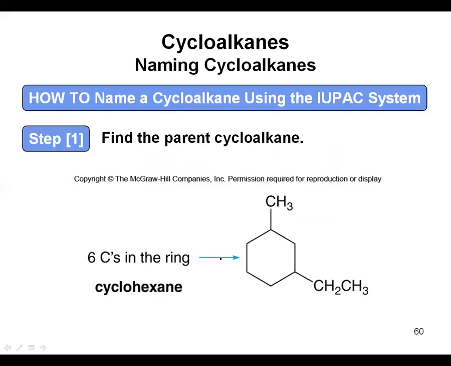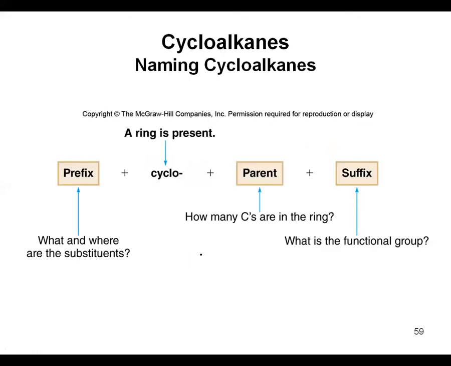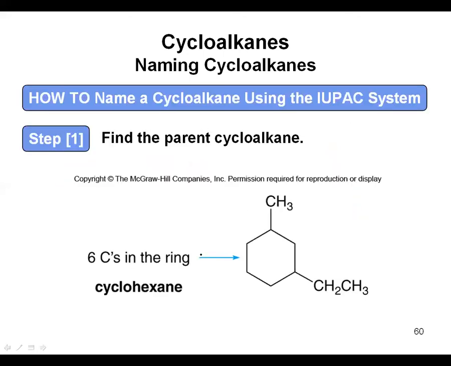So how do we name this? We essentially will just put cyclo in front of it. If there is something attached, we basically do the same approach. So in this case, the big ring here, just kind of color it in, is the base of our name. So this is going to be cyclohexane.